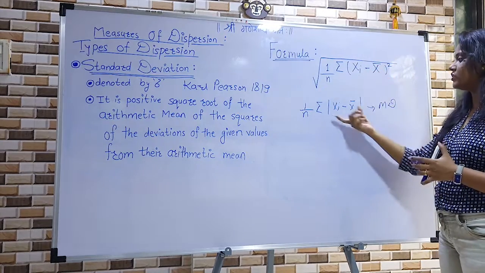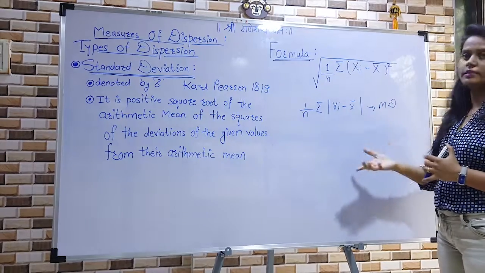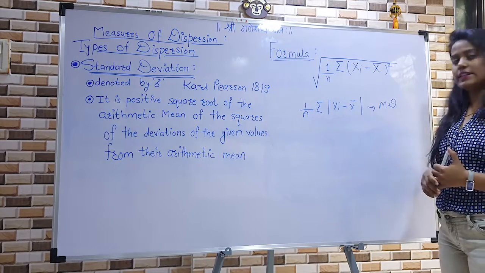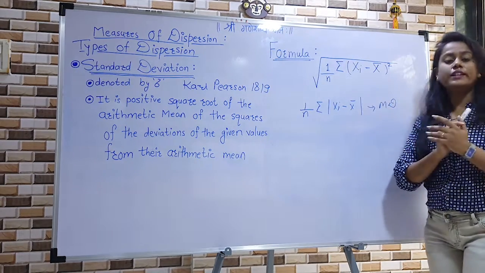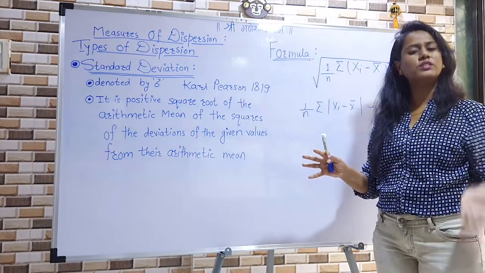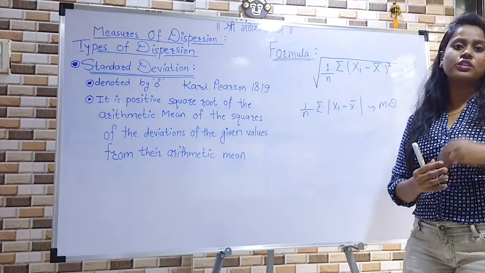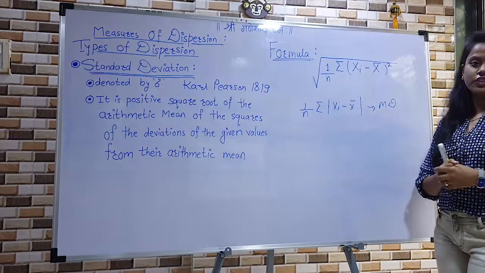Of course, whatever negative value was coming, if we are squaring it, that means we are considering the negative value as it is. So now it is based on all observations, it is not ignoring the negative signs, it is considering all positive and negative signs. After that it is available for further mathematical treatment as it is based on each and every observation.